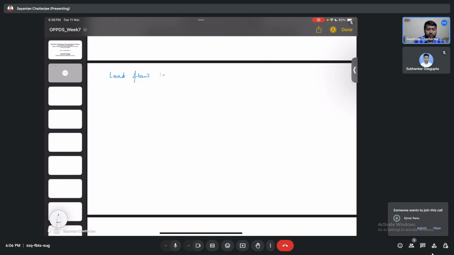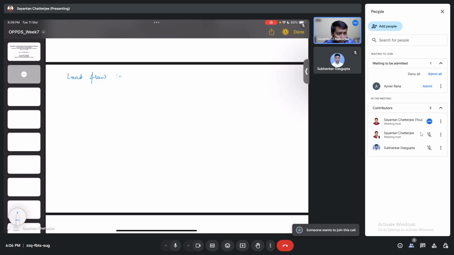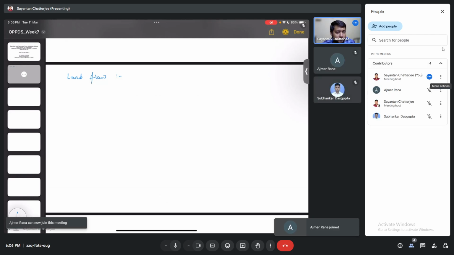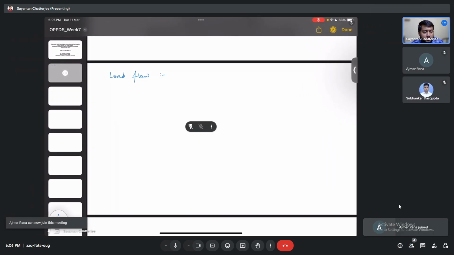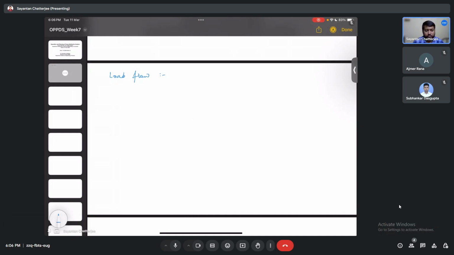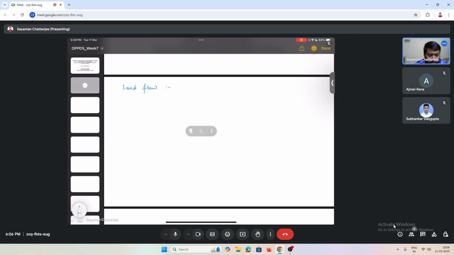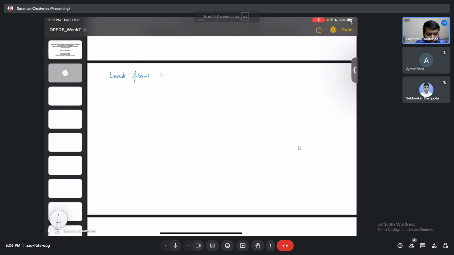So considering all these things, the basis of understanding the distribution system operation or planning purposes is to get through the load flow activities.